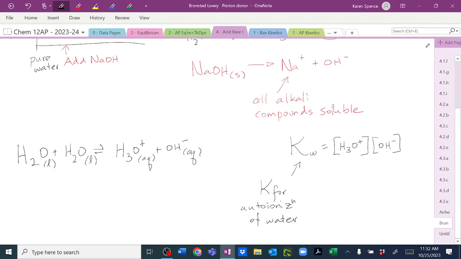Now, the value of Kw at 25 degrees Celsius is equal to 1.0 times 10 to the negative 14. So we have water and we have water. Shall we do a RICE table?